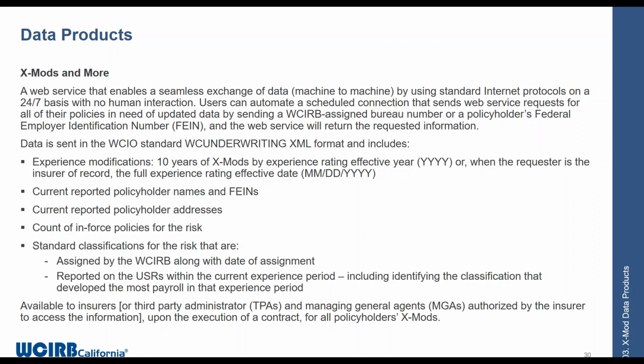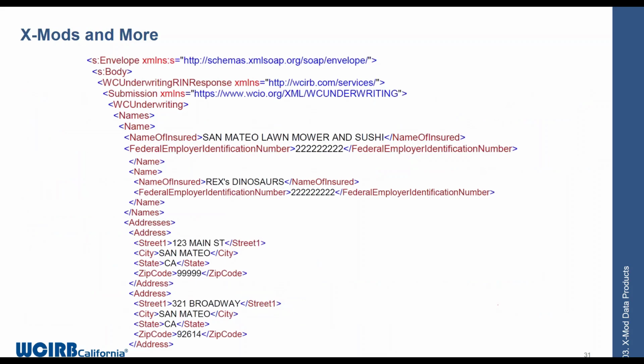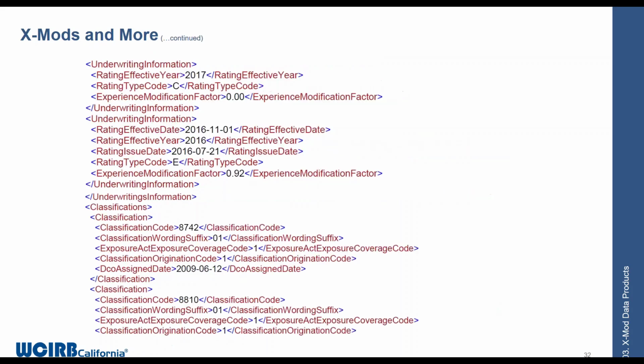So again, pictures are worth 1,000 words. So here's 1,000 words, literally 1,000 words. So this is kind of what it looks like. We've got names of insurers, we've got addresses associated with it. Now we're starting to get into some rating data.